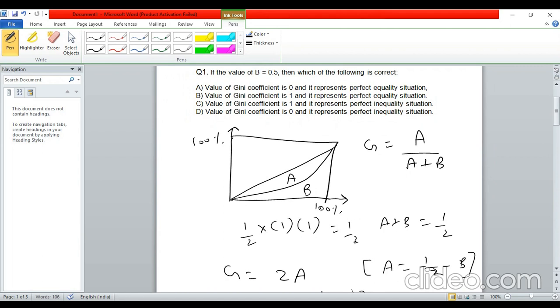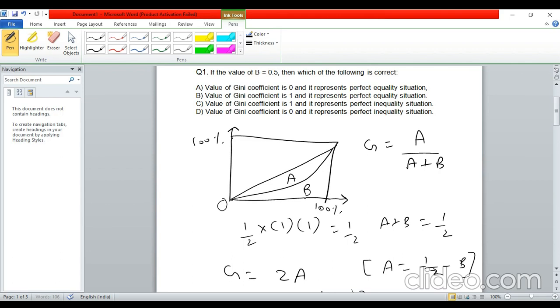Looking at this diagram, the horizontal axis represents the cumulative percentage of population, and the vertical axis represents the cumulative percentage of income, and this diagonal represents the condition of perfect equality. Then this slanted curve is the Lorentz curve, and the area below it is called B.